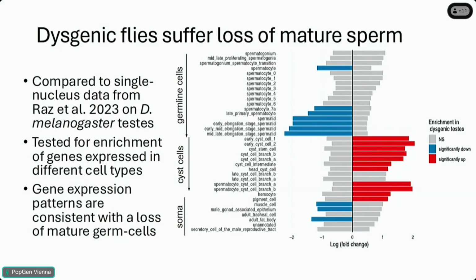If you look at the top part of the plots where the sperm are, there's a lot of blue. Those are our down-regulated genes. So it appears that the sperm are de-enriched in these testes for dysgenic males. So the dysgenic males do appear to be experiencing germ cell loss, just as the females are. The P-element is murdering their sperm. And then, of course, there's a corresponding increase in the associated somatic cells.